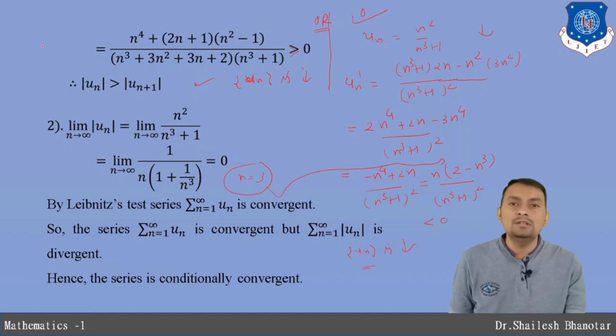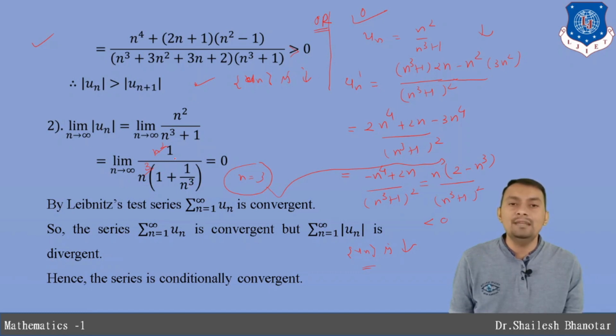And if you like, you can also carry on. Now let us focus on the second condition. Limit n tends to infinity of the absolute value of un, but un is n square divided by n cube plus 1. The numerator contains the highest power, that is n square. The denominator contains the highest power, that is n cube. When you simplify, you will be left with 1 divided by n into 1 plus 1 divided by n raised to cube.